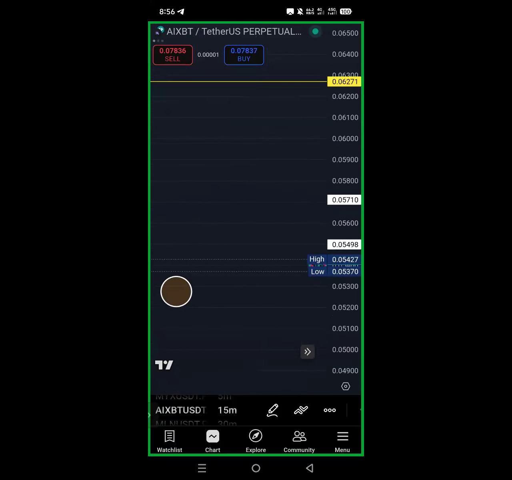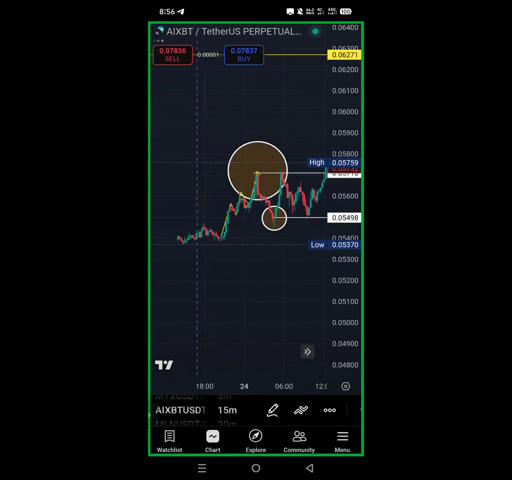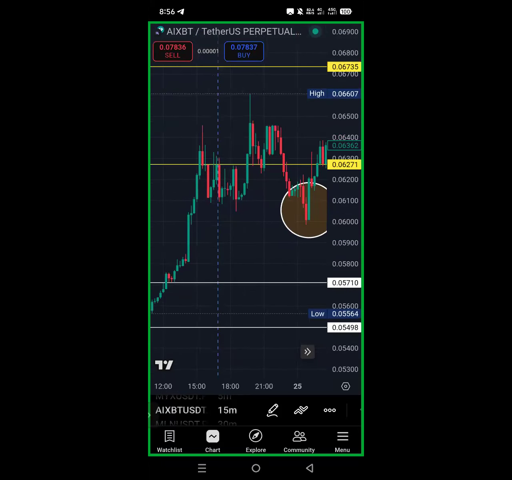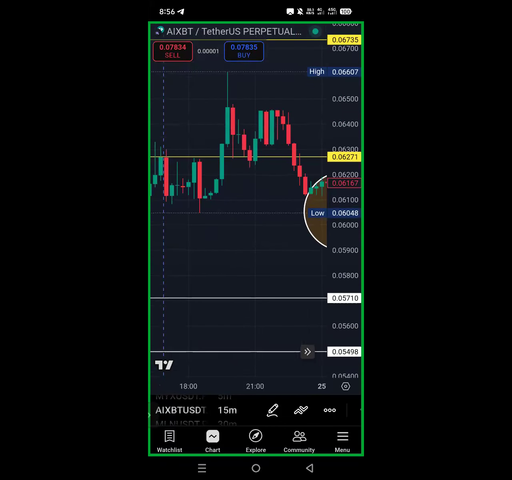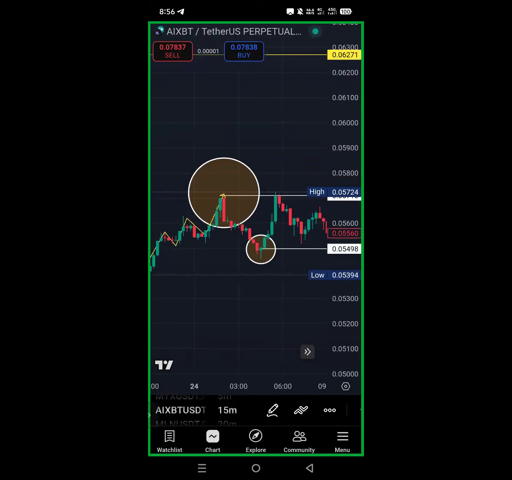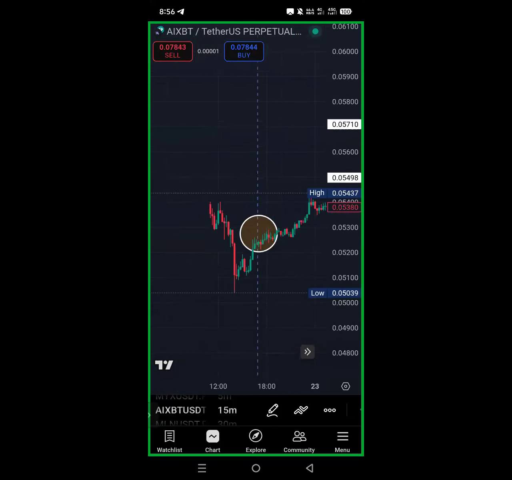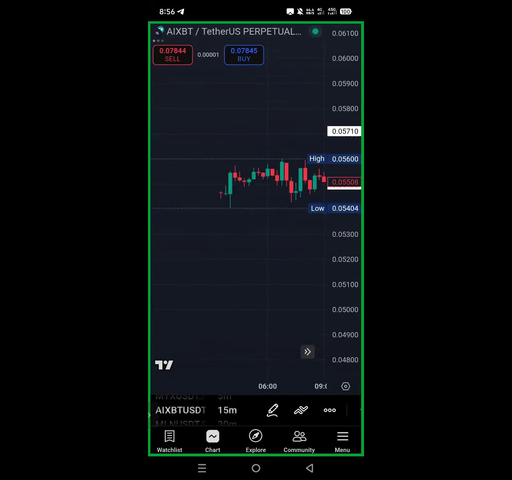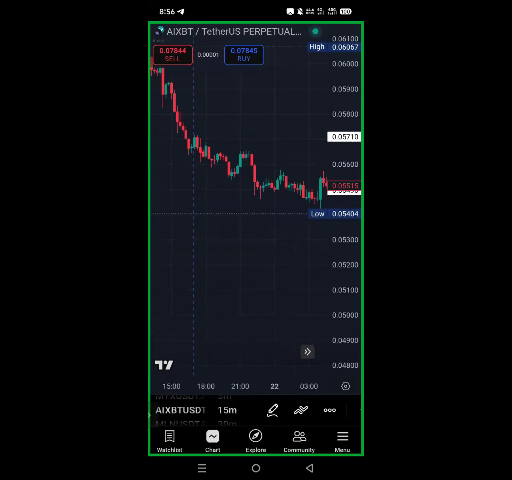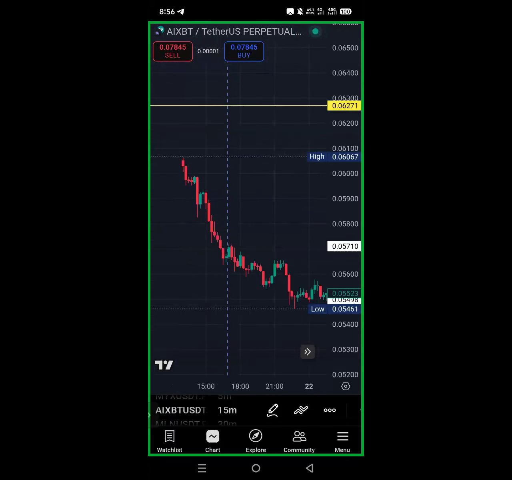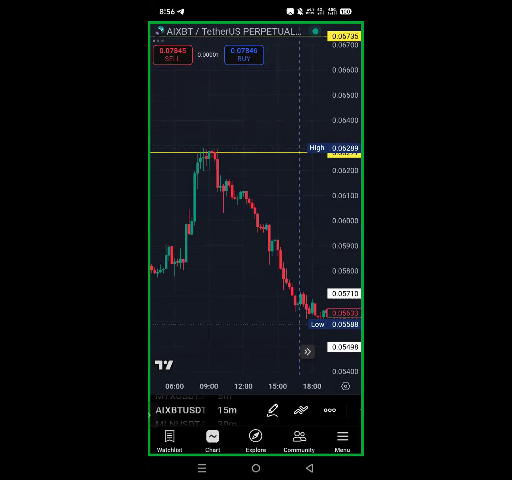Let me see if I can see any tweezer bottom or any tweezer top. Can you see any tweezer bottom?